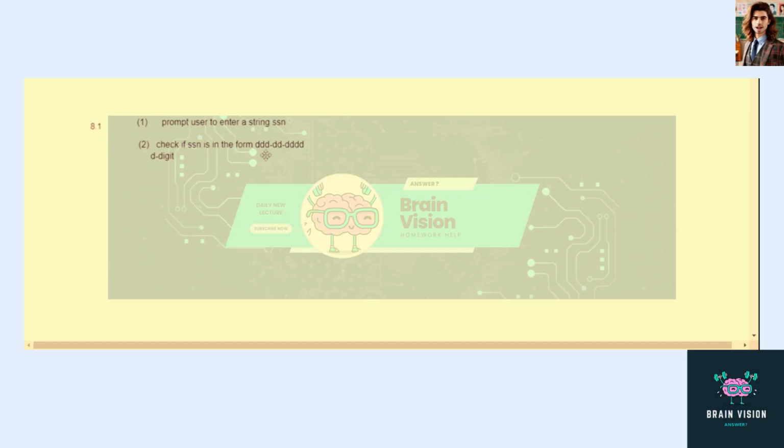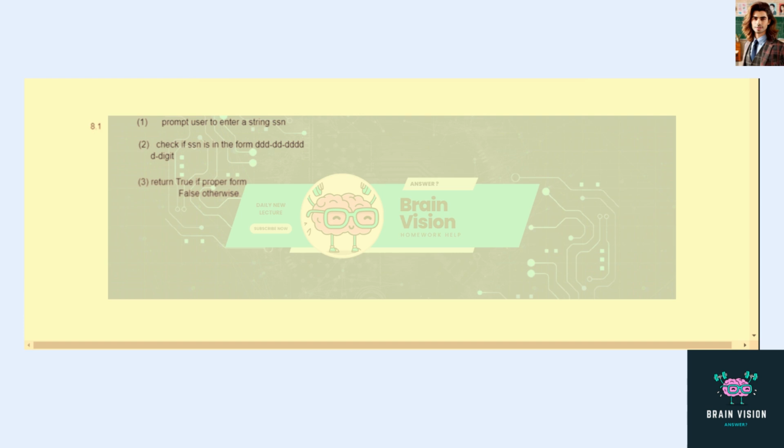It is DDD-DD-DDDD, what at least in the United States is called a Social Security number form. And we want to check to see if our SSN string has this form. And if it does, we return true and false otherwise.